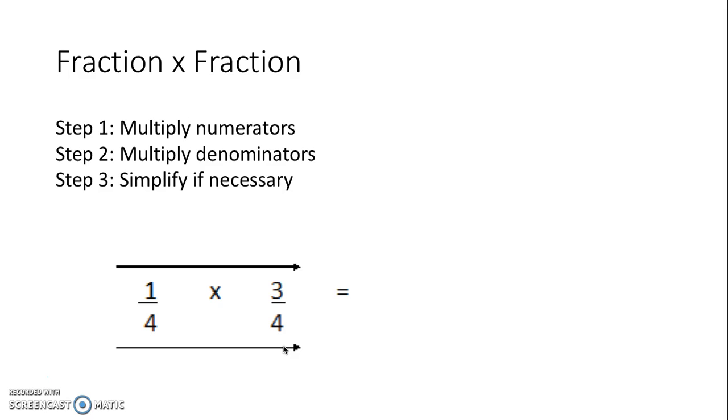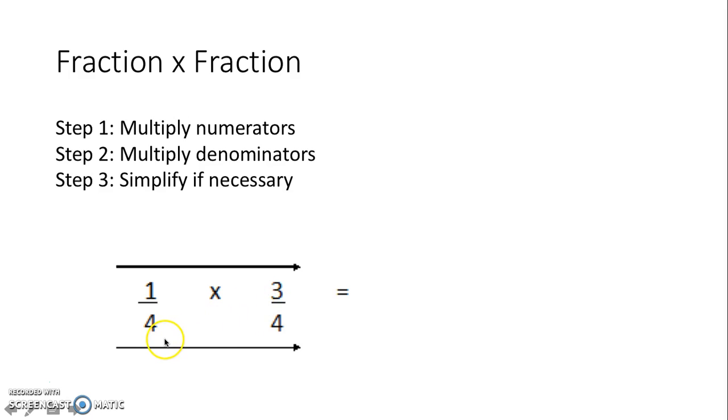Now, when you multiply fractions, you do not need to find a common denominator. Let me say that again. When you multiply fractions, you do not need to find a common denominator. So you simply just multiply. Step 1, multiply the numerators. You have 1 times 3, which is equal to 3.